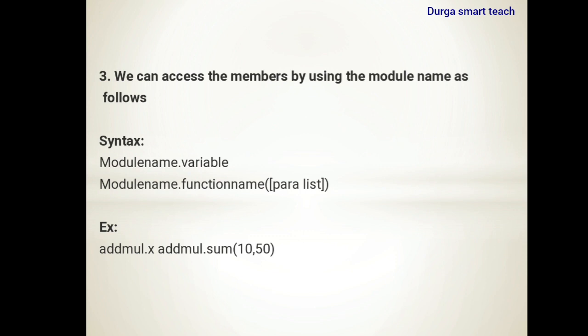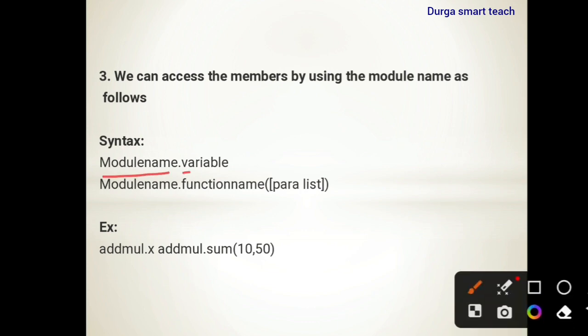Next we can access the members by using the module name as follows. If you want to access the functions or variables of one module in your Python program, you need to use the following syntax: module name dot variable. Here the module name is addmul and the variable name is x.